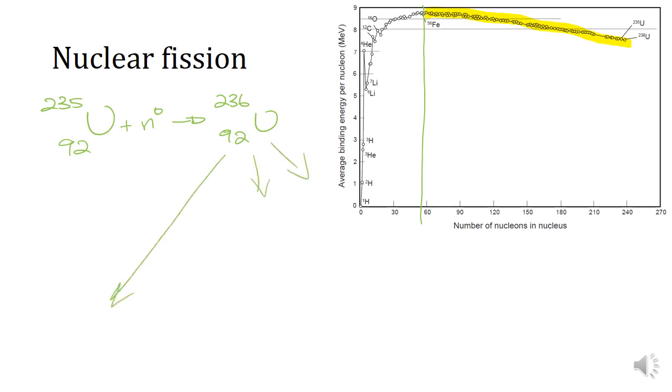I'm only going to write out one of them. So one of the forms it can take is 139 barium, which is 56 here, and it can form 94 36 krypton.